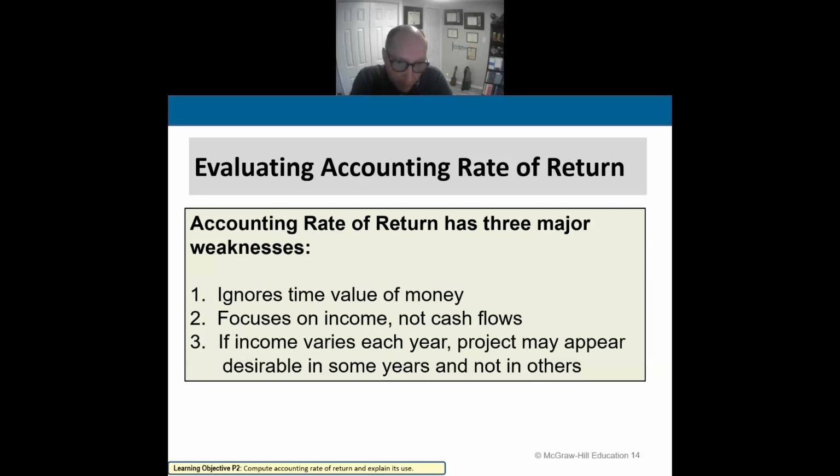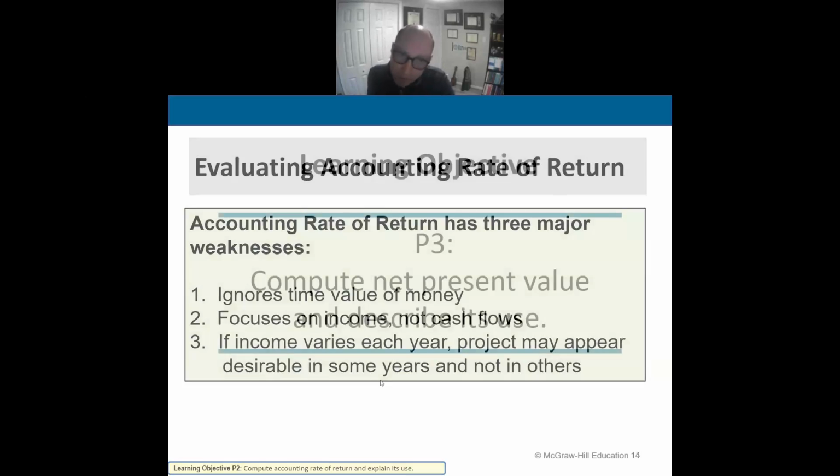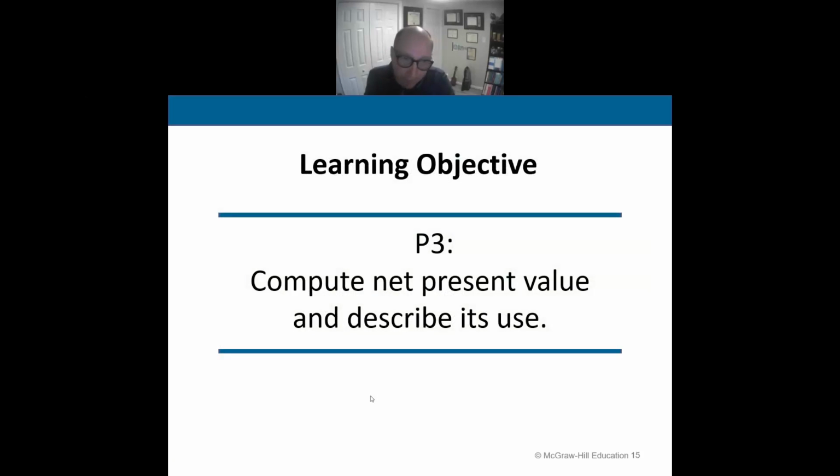And if the income is different from year to year, the project might appear to be more desirable in some years and not in others. And so that could lead to an incorrect decision being made on the purchase of this piece of machinery. So there's risk. That's all I'm getting at.